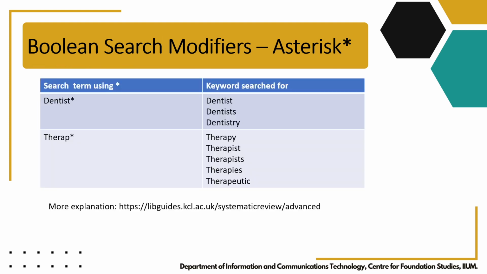Okay, so the asterisk is a helpful tool for broadening search queries, capturing variations, and also accommodating uncertainty about specific terms or phrases. However, it is important to use it carefully to avoid overly broad or ambiguous search results.